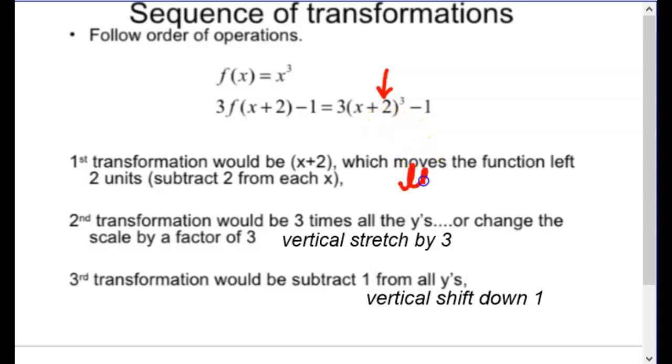Because the next thing you would do after you cubed it is do what? Multiply by the 3. And what is the multiplying by 3 doing? It is a vertical stretch, and we haven't spent a lot of time on that one yet. It's a vertical stretch by 3. And then the last thing you would do is slide it down 1.